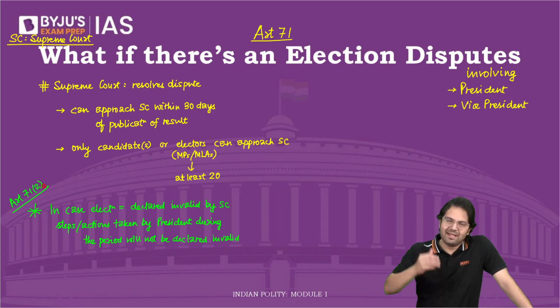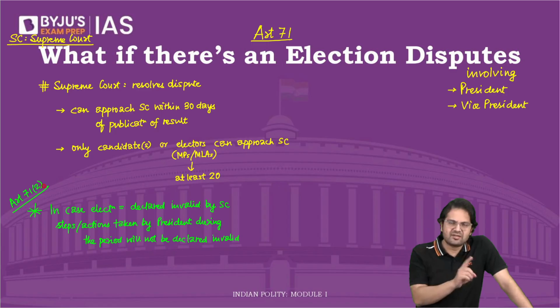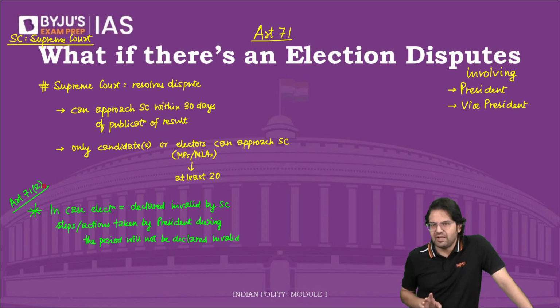So 20 MPs, MLAs together have to go to the Supreme Court to raise a concern. And anyway, if the election is found to be false, fraud has happened, something has happened, we don't care. Whatever actions were taken by the president, right?